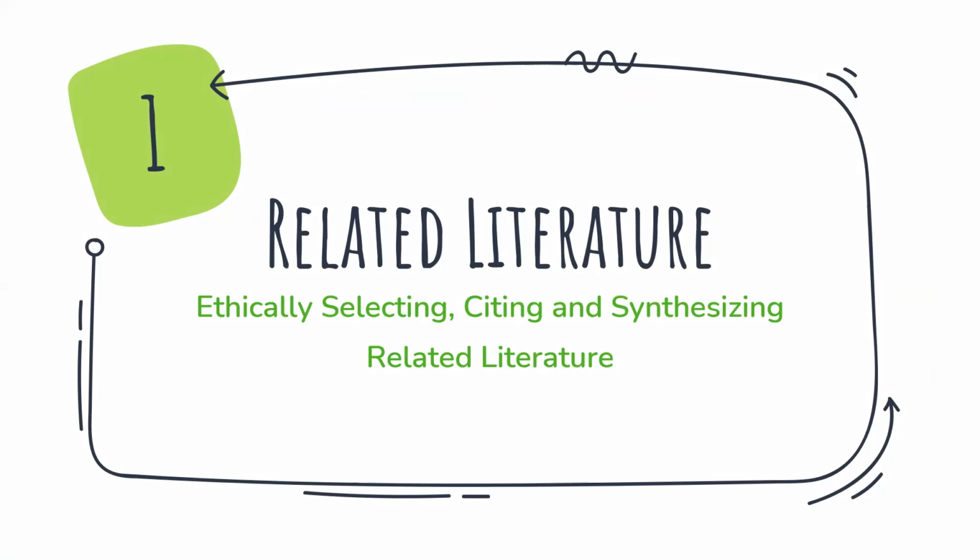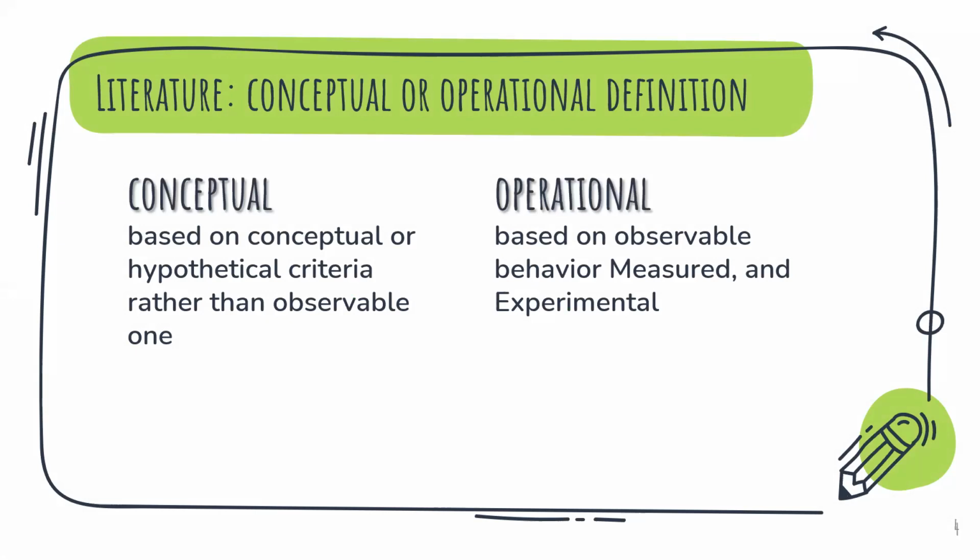Number one is we will know how to ethically select, cite, and synthesize chosen books and references na gusto nyong gawin. There are two types of definitions when we do our related literature.